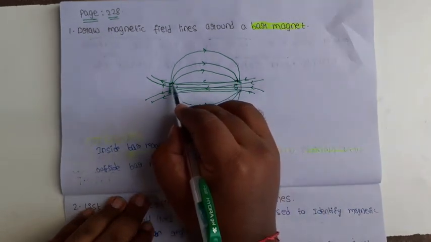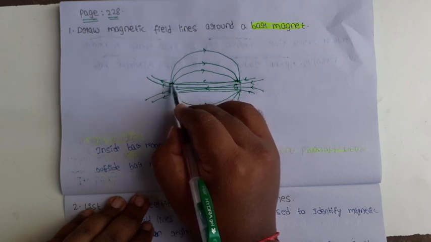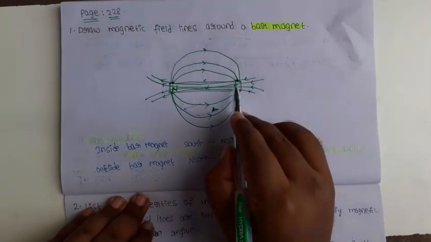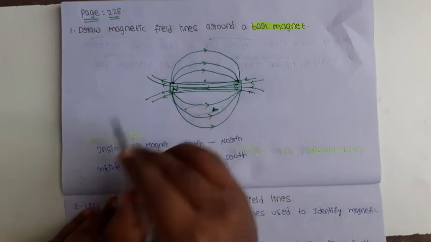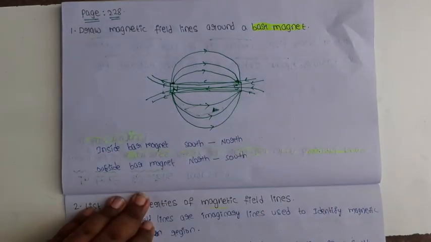So we understand that at this particular point magnetic field lines come close together. So at this point the magnetic field strength is more. This point means the poles of the magnet. At the poles of the magnet, magnetic field strength is more.